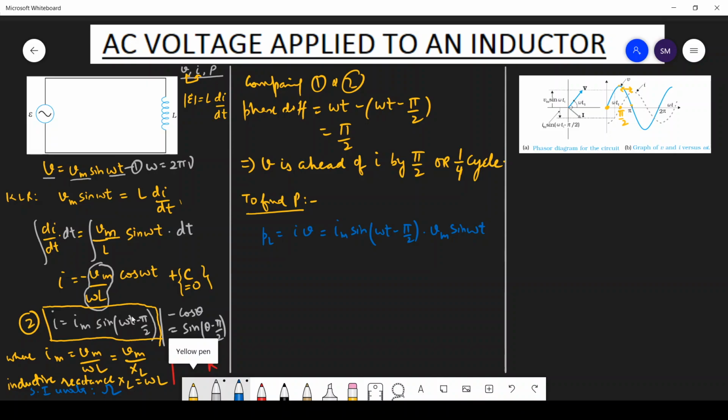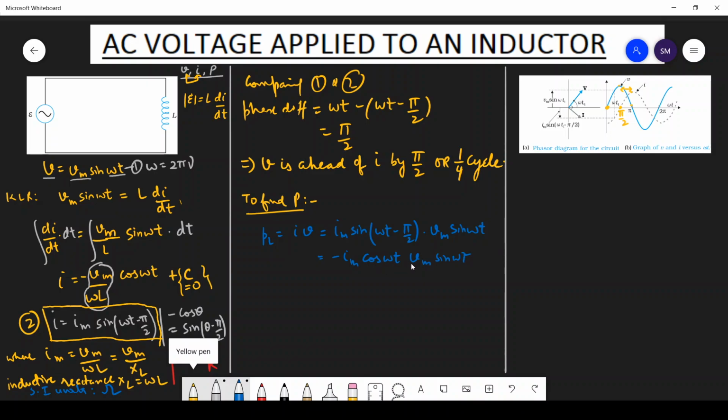So sine omega t minus pi by 2 becomes minus cos omega t. So the minus will come out, and this is cos omega t Vm sine omega t.